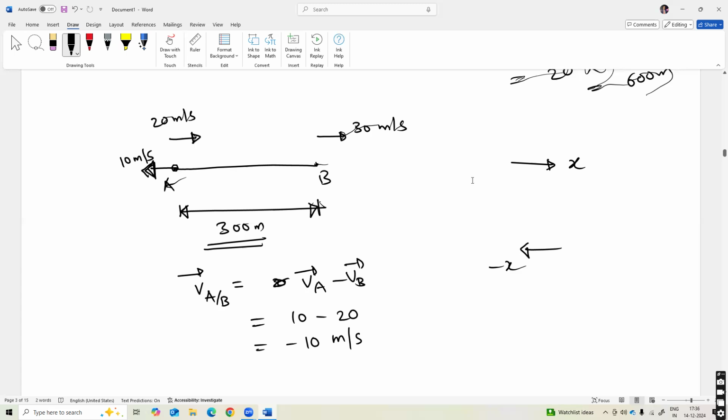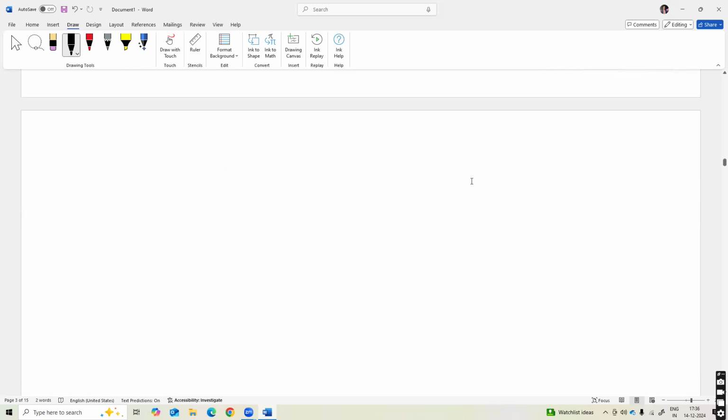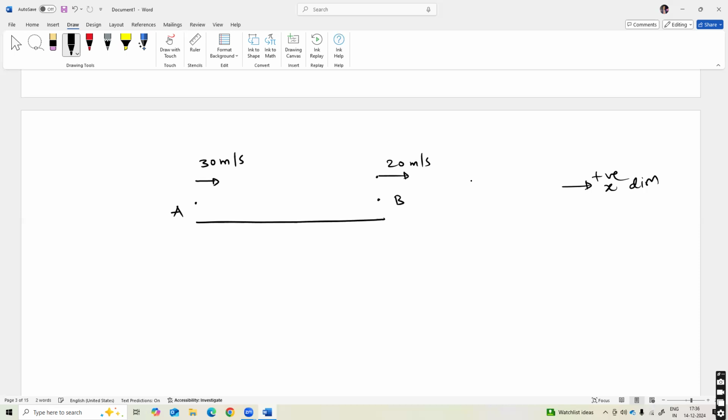Now again, take the second example. A was moving at 30 meter per second in the positive x direction, and let's say this is A, this is B, and B is moving at 20 meter per second in the positive x direction, and the distance between A and B is 300 meters.